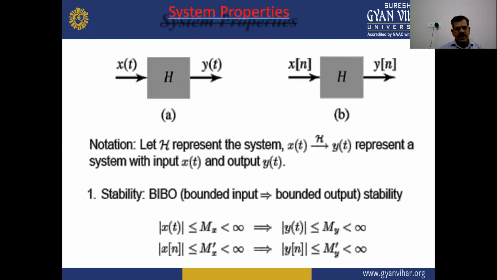So notation H represents the system. x(t) tends to y(t) represents a system with input x(t) and output y(t).